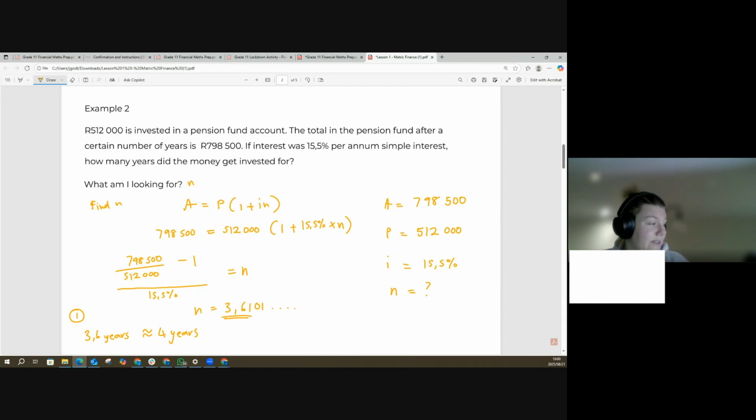So option number 2 is 3 years and 7.2 months, or 7 months. I would say, because they haven't been specific about the months, that I would settle for this answer and not stress your head out too much about it.